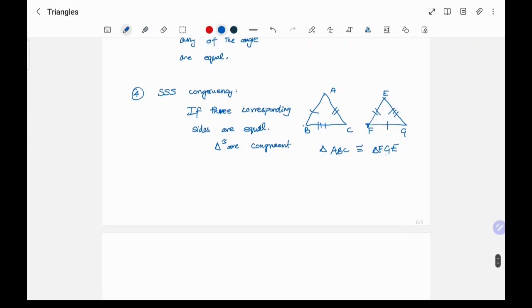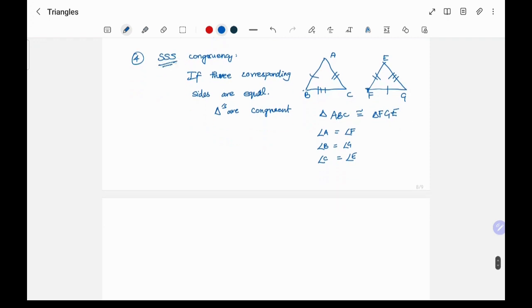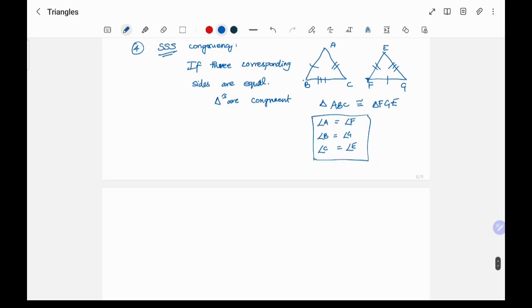Once we prove it is congruent, then we can write that the corresponding angles are equal. That is the effectiveness we get. We just use three sides to prove the congruency, then we also obtain that the angles are equal. So this will be useful in many places.